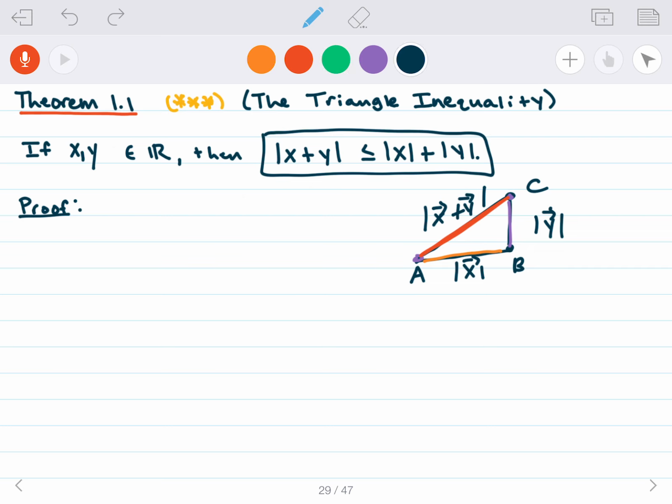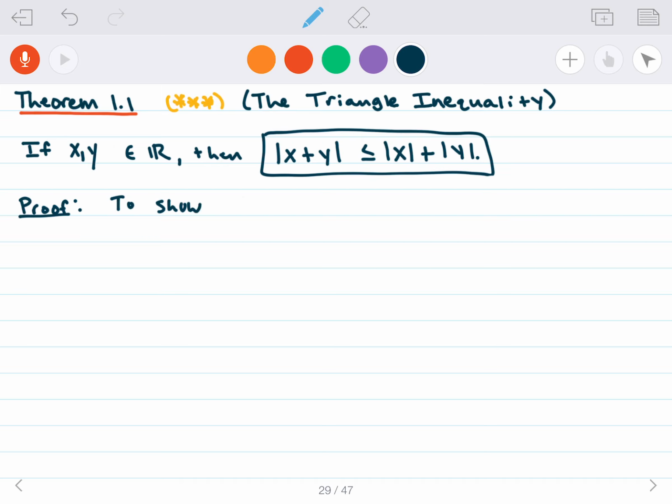Now let's go ahead and prove it. I guess I'm just going to write it out. I want to show this, but instead, I'm going to work with the squares because we're dealing with all positive values, and so squaring shouldn't cause any kind of problems with the absolute value signs.